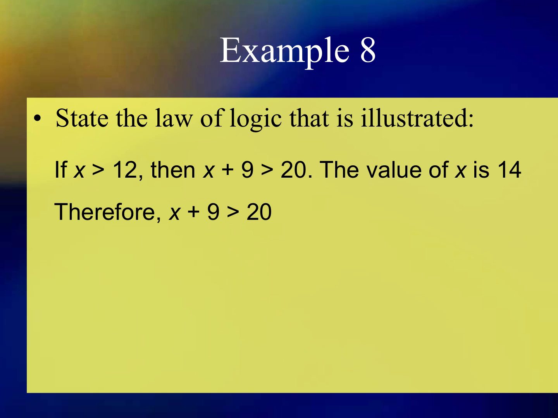Looking at my if-then statement, here is my if, here is my then. They're giving me the value of my x. And then they're saying because that's the value of x, therefore x plus 9 is greater than 20, which is what they gave me in the beginning.